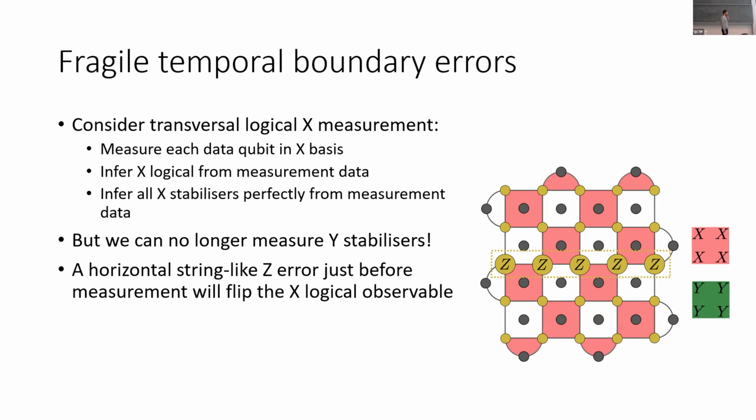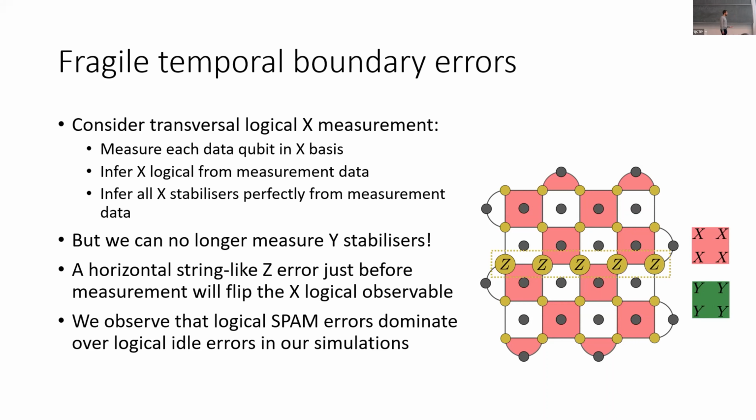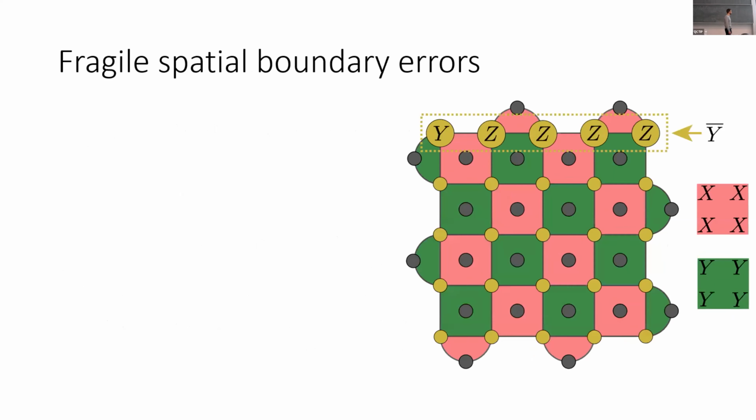And as a result, the horizontal string-like Z error just before measurement or during measurements will flip an X logical observable measurement outcome, but be undetectable. So this is a string-like error rather than the area-like error that we were hoping for to have good performance for high bias. And we observe in numerics that these logical state preparation and measurement errors do dominate over logical idle errors for the XY surface code compared to the CSS surface code where the two are comparable.